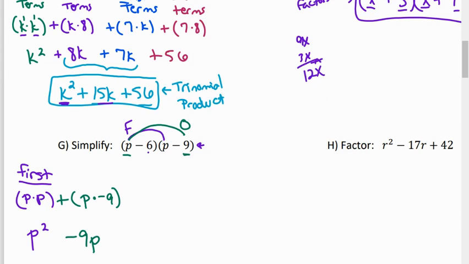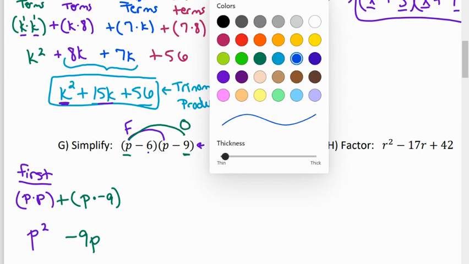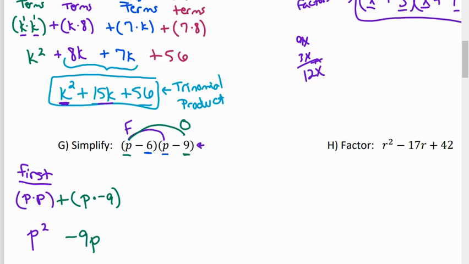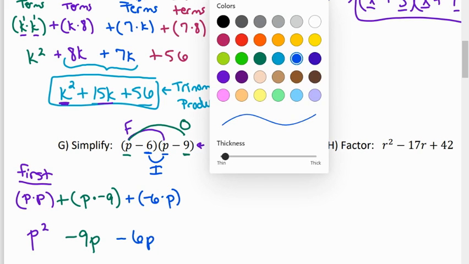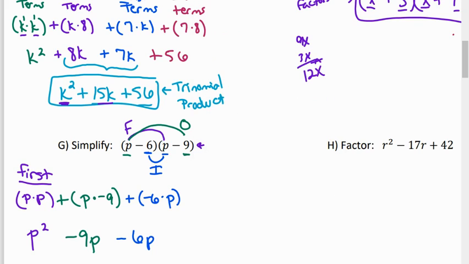And then we are going to multiply the inside terms together. So the -6 and the p are on the inside. So again, take that sign that's in front of it. -6 times p is -6p. And then the last term, so the -6 and the -9 are the last terms in each binomial.